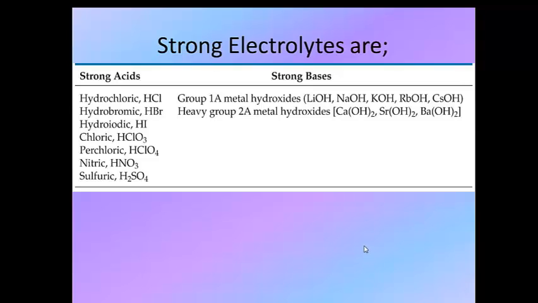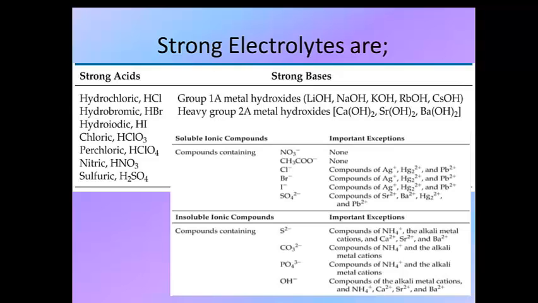Alright, keep in mind what strong electrolytes are. Strong electrolytes include strong acids, strong bases, and soluble salts. The soluble salt list is your solubility rules. You must have those memorized.